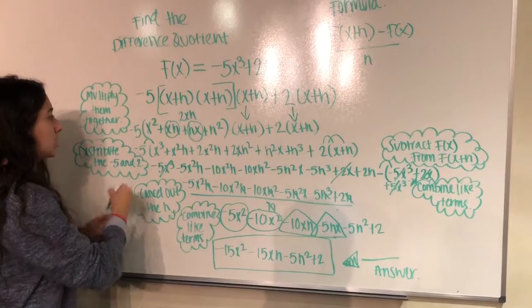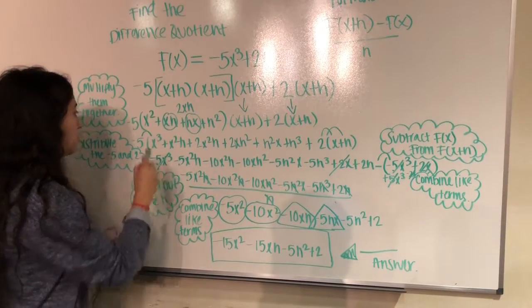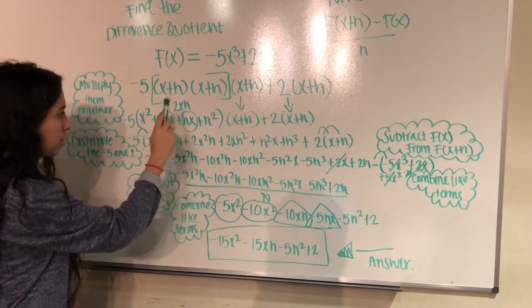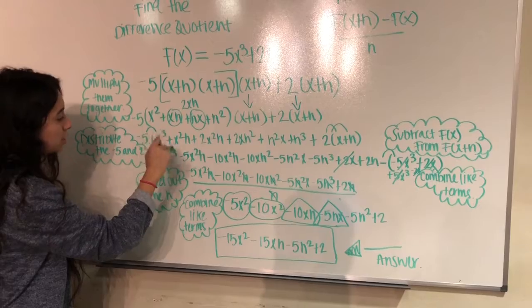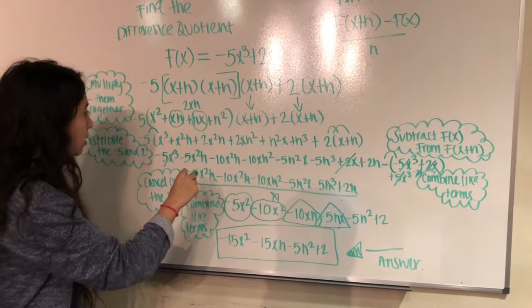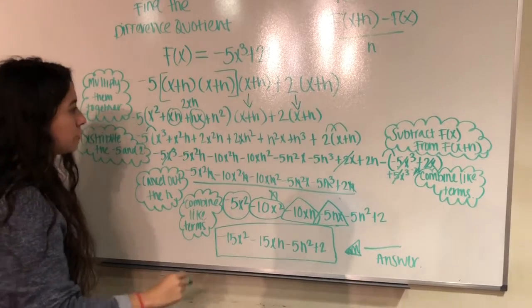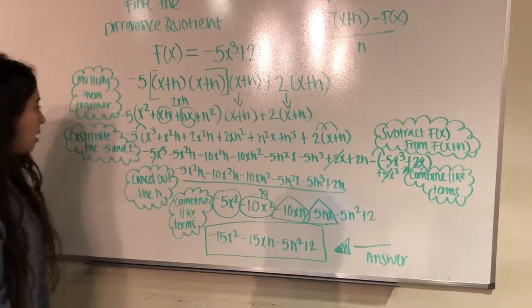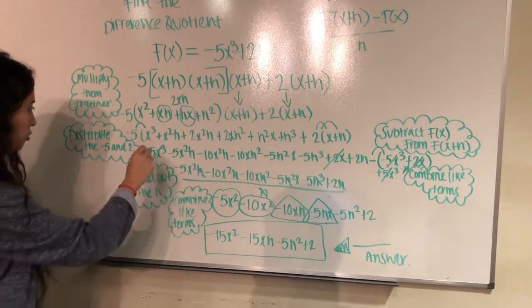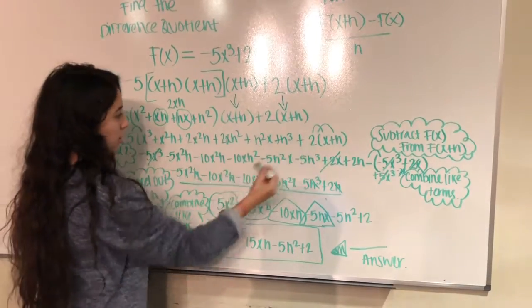So if you multiply x squared times x, you're going to get x cubed. And then from there you go to x squared times h, and you're going to get x squared h. And then you just work from there. Okay, so after you do that, you're also going to bring this back down. Now you're going to distribute the 5 into your big problem right here.